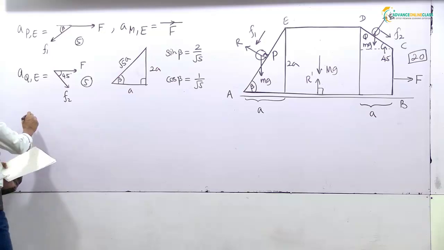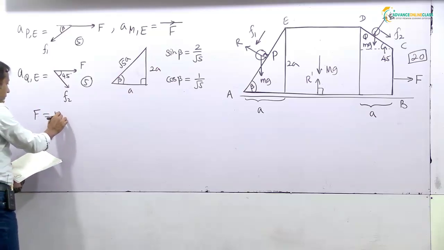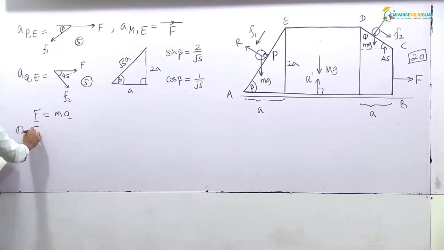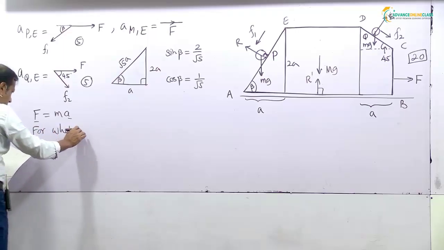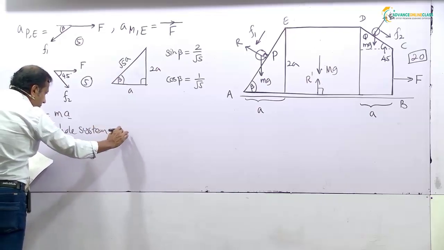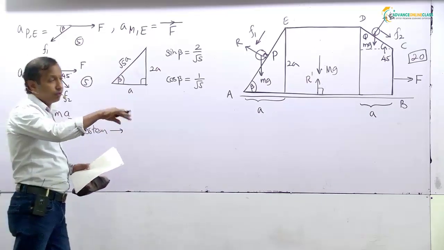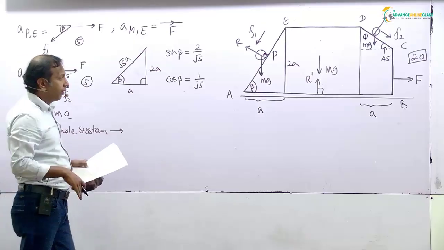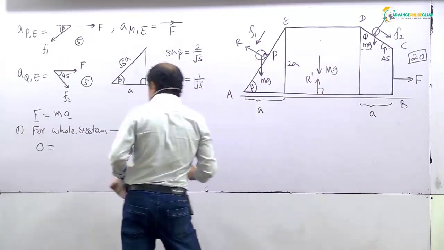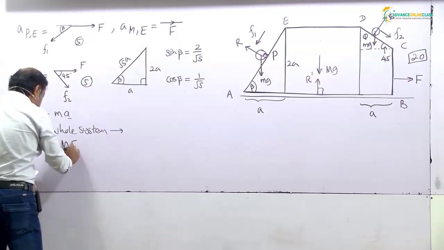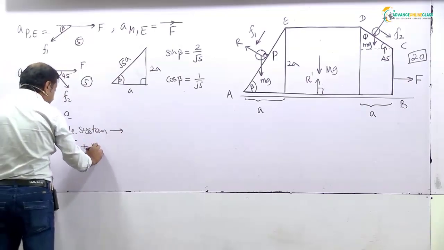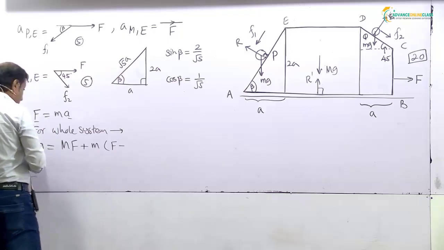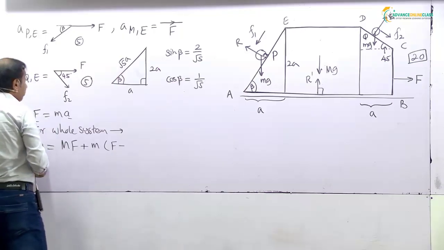Now we apply F equals MA. Number 1, for the whole system rightward, no external force, 0. Right hand side, product of mass and acceleration. Capital M, capital F. Here, P, simple m. Take acceleration here: capital F minus F1 cos beta, no?